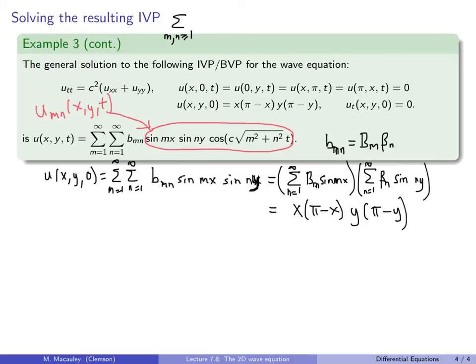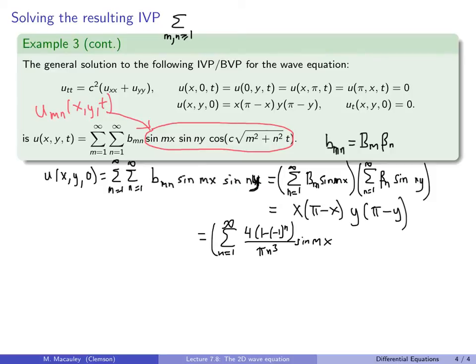So let's write it here. This first one is the sum from n equals 1 to infinity of 4 times 1 minus negative 1 to the n over pi n cubed times sine of mx.